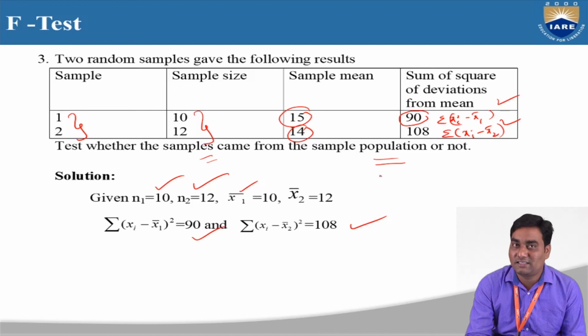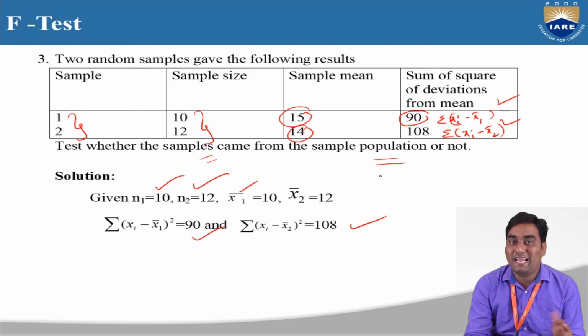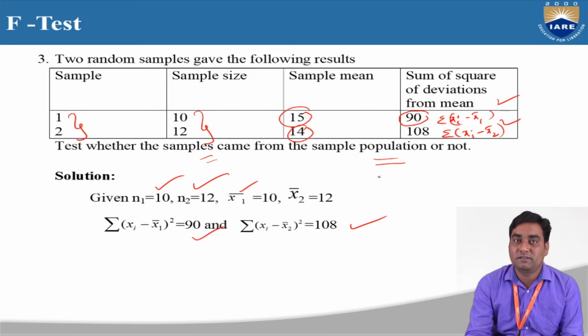So in this case, we can use either the t-test for difference of means, or the F-test. If the problem particularly mentions difference between means, we use the t-test for difference of means. If it particularly mentions variances, we use the F-test. But this problem doesn't mention anything, so we can choose either test.